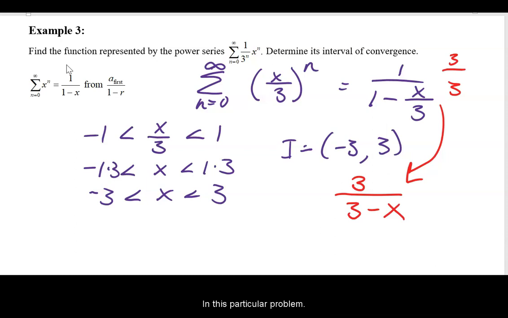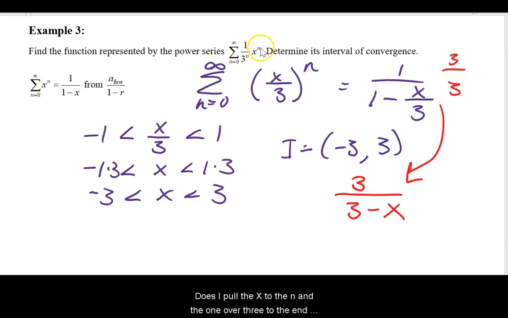In this particular problem, you'll see that we were given the formula for the summand in 2 factor pieces, 1 divided by 3 to the n and x to the n. They're both to the n power, and to put it into the power series form using the convergent geometric series formula, we need to have one thing raised to the nth power.